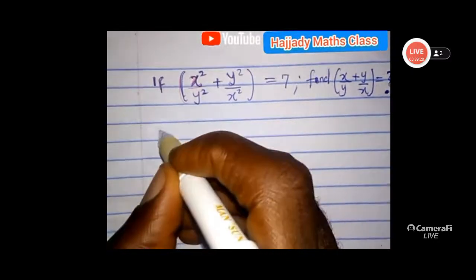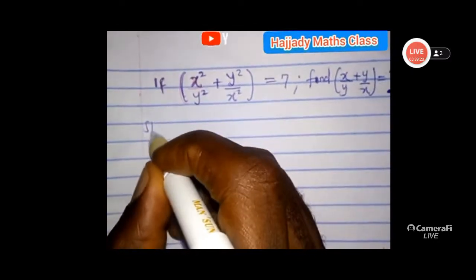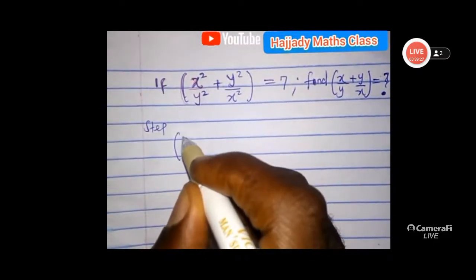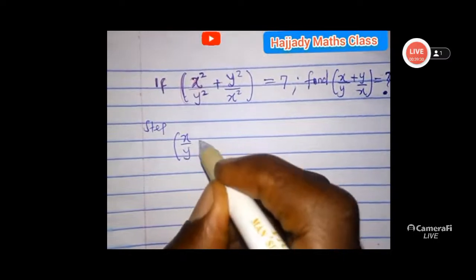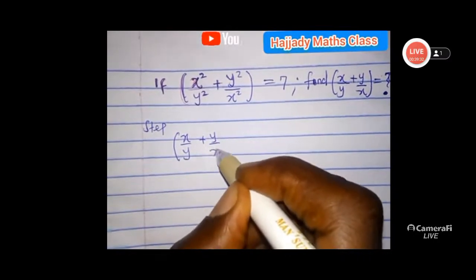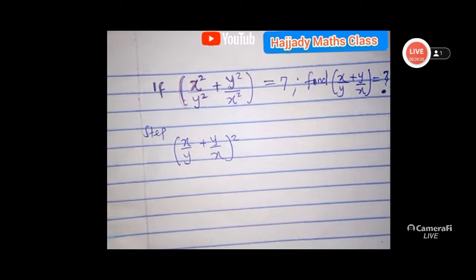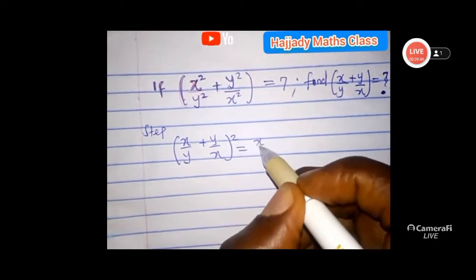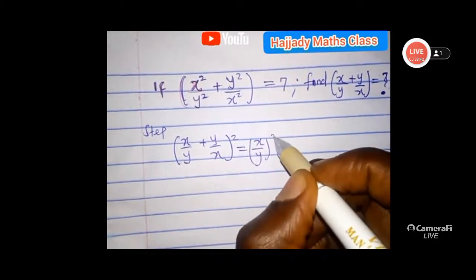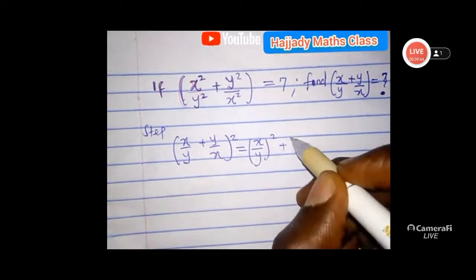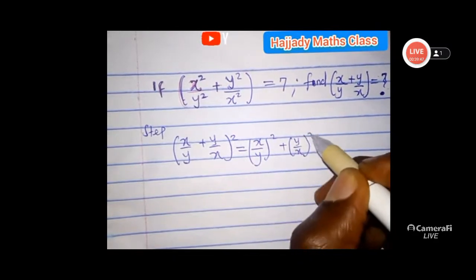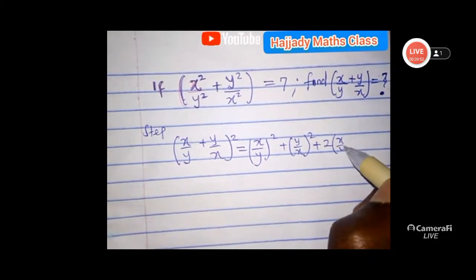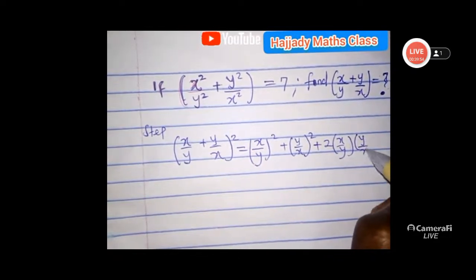Solving this, we should know that the first step is that this can be expressed in this form. If you have x over y plus y over x all squared, expanding this, we are going to have x over y all squared plus y over x all squared, and also 2 times x over y times y over x.